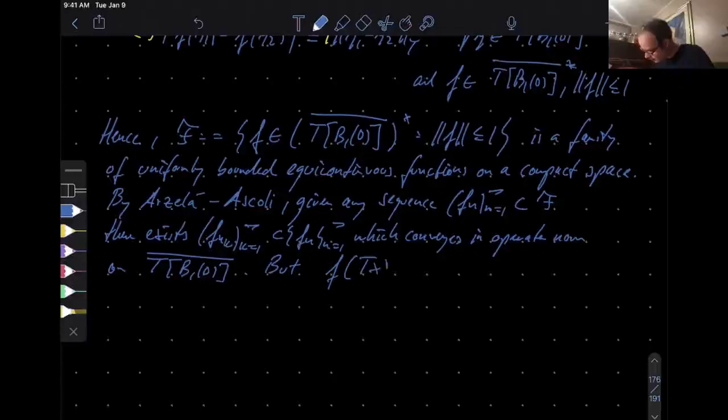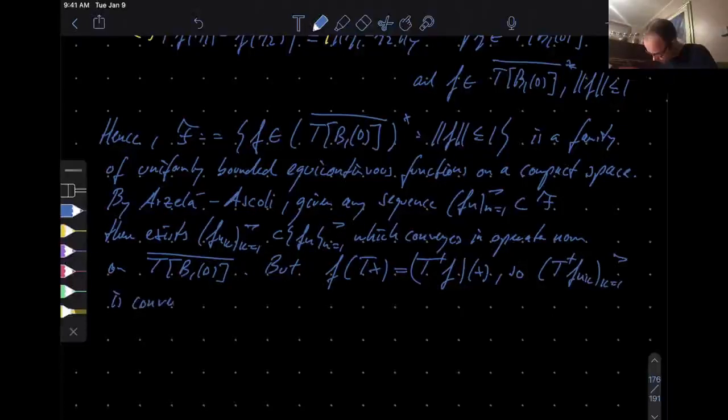And why is this? Because you have f(Tx) is, by definition of the dual, equal to this. All right. So I claim that the dual acting on f_{n_k}, k from 1 to infinity, is convergent in norm on B1 star. So maybe a little comment about this.